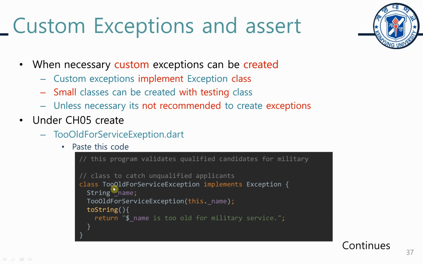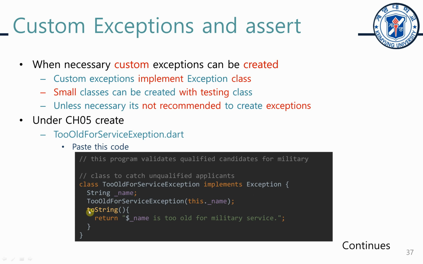We want to get the name of the person causing the exception, and then we'll print this person is too old for military service. So we have our function named toString. As you can see, we are overriding the toString function in the exception class. The exception class has a toString function, and we are overriding it.